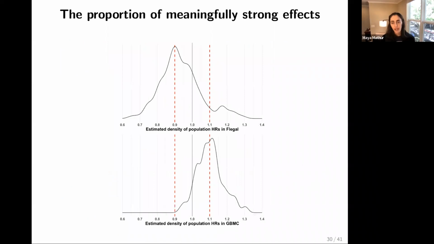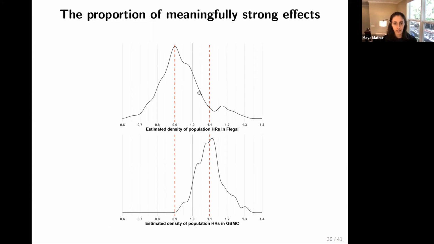Okay, so let's look back to the two meta-analyses on BMI. Again, this is prior to considering confounding. What I'm plotting here in the black curve is an estimated smoothed density of the population hazard ratios in each meta-analysis. These are not the point estimates, but rather the estimates that have been appropriately shrunken towards the mean.